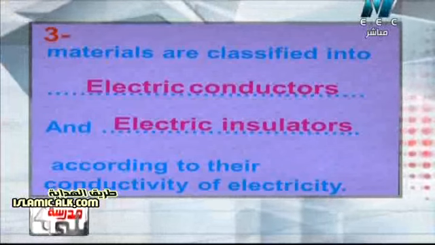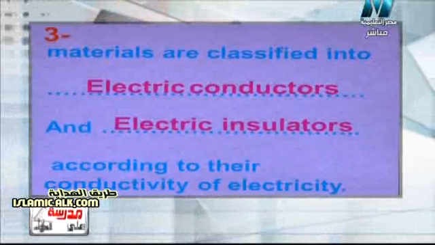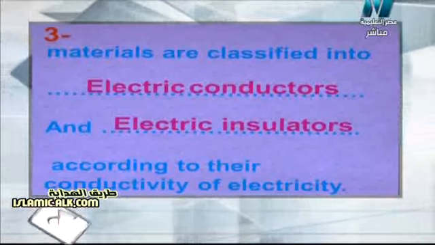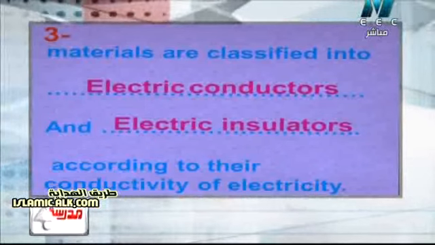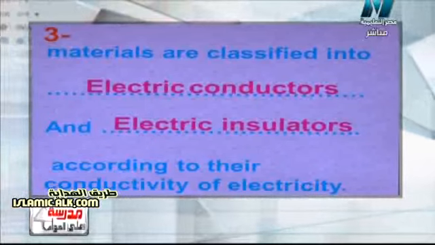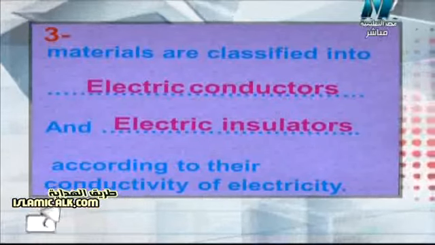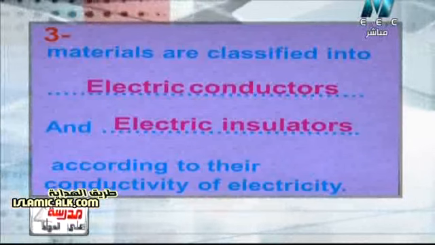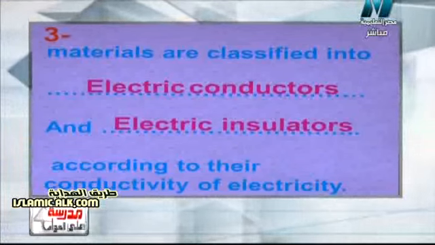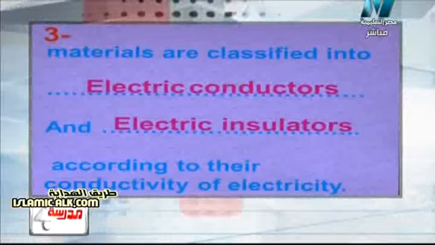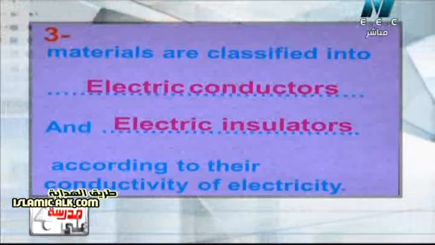Even mercury itself is a good conductor of electricity, and also the earth, the human body, the impure water which we use in our daily life, or mineral water, all of them are electric conductors. So what about electric insulators? Electric insulators such as plastic, rubber, wood, glass, air, and so on. So again, we have classified the materials into 2 types, which are electric conductors and electric insulators, according to their conductivity of electricity.